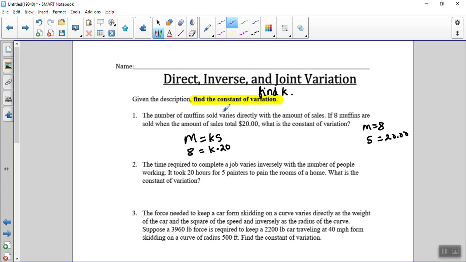Now we just use algebra to find K. To get K by itself, I have to divide both sides by 20. So you have K equals 8 over 20. We can reduce that. So K is equal to 2 over 5.